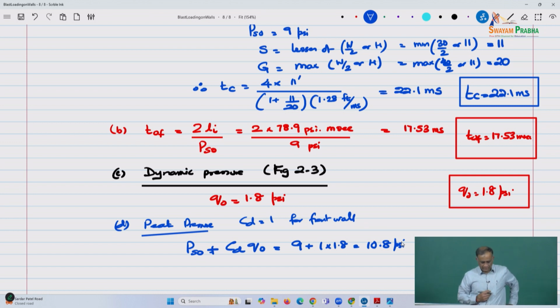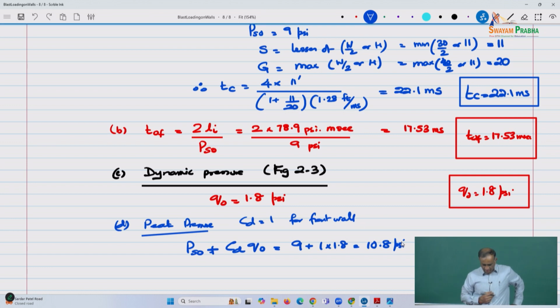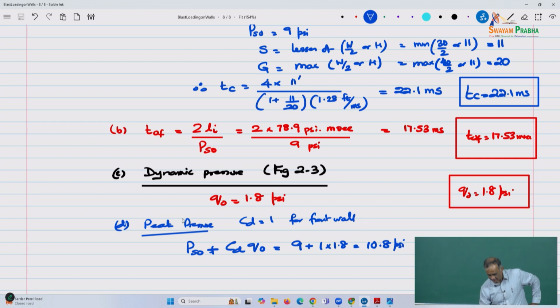So this is the peak blast pressure or blast wind pressure. We'll see where this comes into play. So let's call this PSOF.